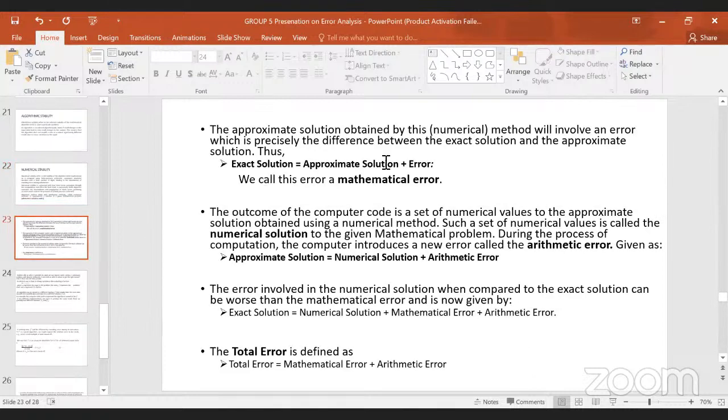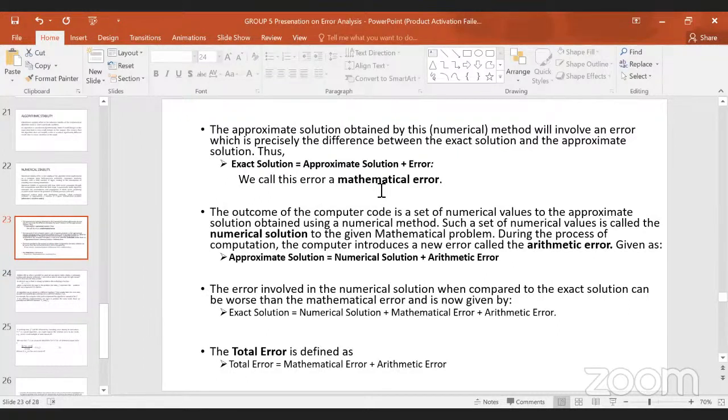The approximate solution, like we treated earlier, obtained by this numerical method will involve an error, which is precisely the difference between the exact solution and the approximate solution. So the exact solution is given by the approximate solution plus the error. And we call this error a mathematical error.